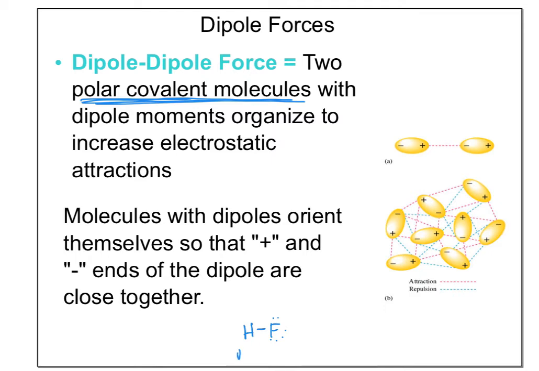They share, but this guy's partially positive, this guy's partially negative, so they share unequally. You can check your electronegativity values if you don't believe me. Partial positive, partial negative. There's a dipole. And notice the difference is these are not temporary dipoles, those are permanent. It is always partially negative and always partially positive. And so then we get this attraction between the partial positive of one with the partial negative of another, and that's called dipole-dipole.